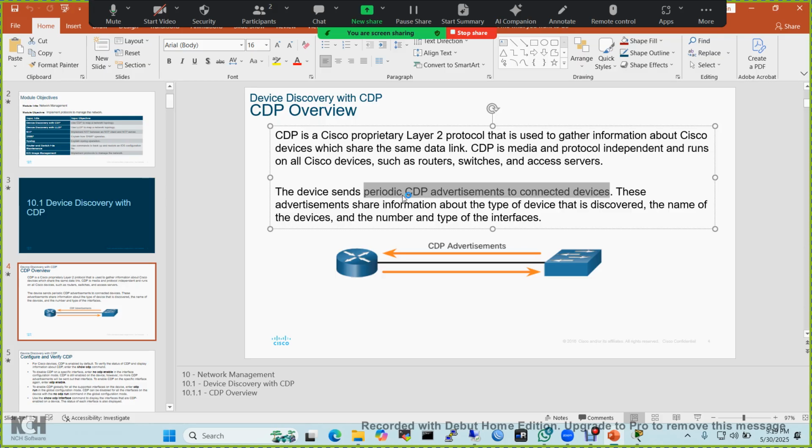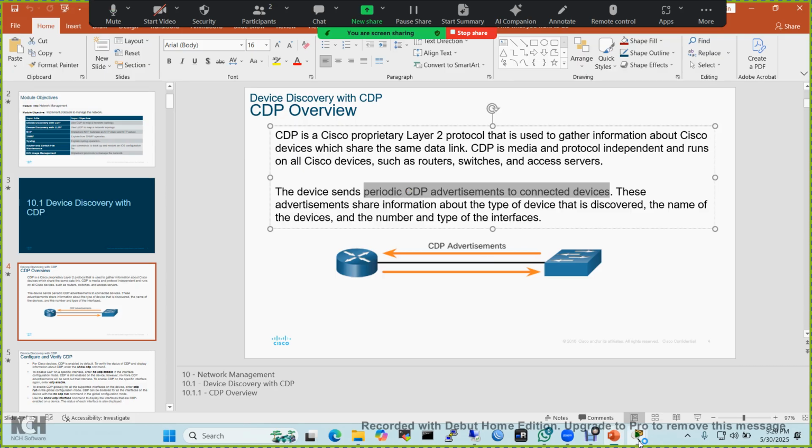It always sends the neighbors a message every 60 seconds, a CDP discovery message. In LLDP it is different: it is 30 seconds, while in CDP it is 60 seconds. And hold time and advertisement time are different.